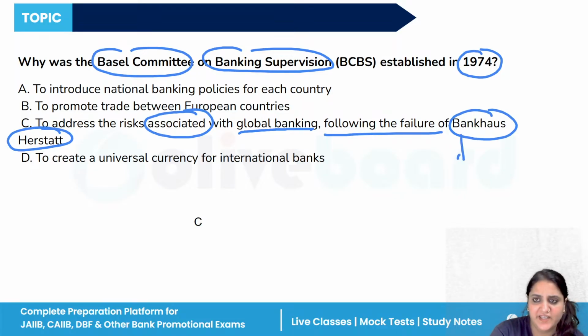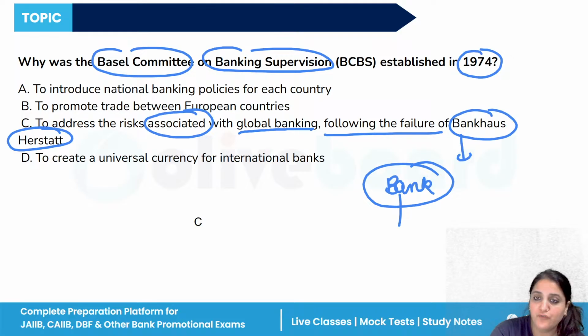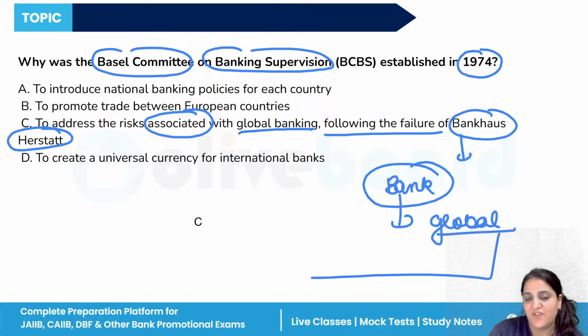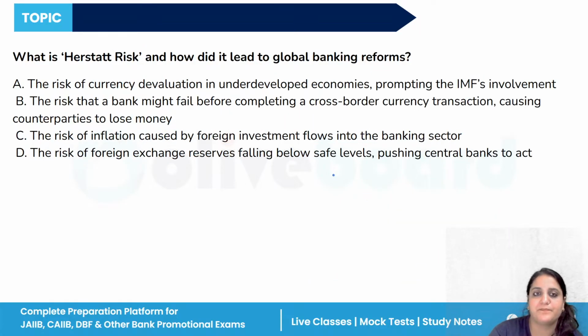After this failure, banks realized it is important to follow global uniform banking rules all over the world. So that's why the Basel Committee on Banking Supervision was established.